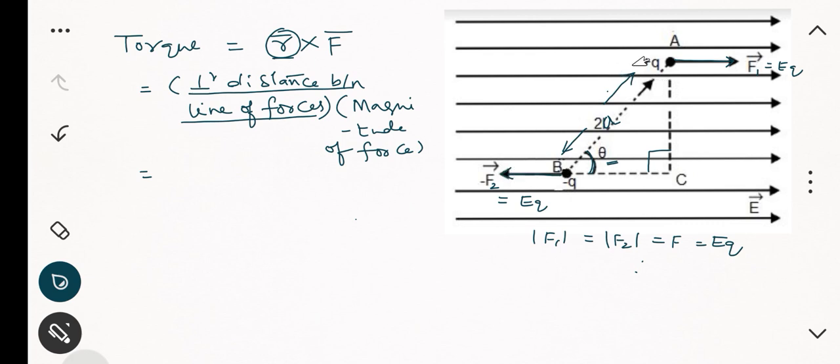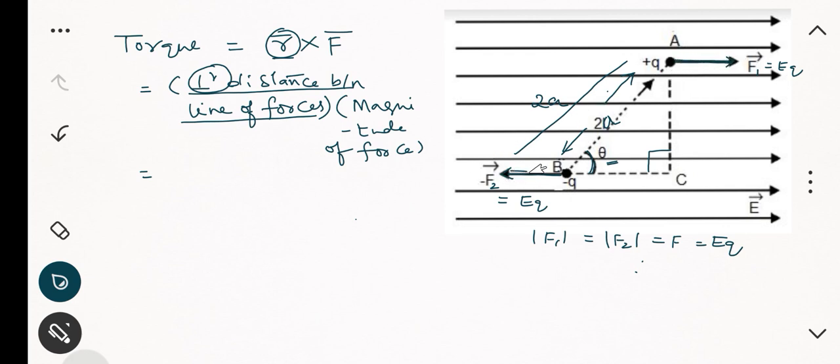The distance between these lines of forces we can write as 2a, but we have to know the perpendicular distance. For that we have already drawn a perpendicular, which gives the perpendicular distance between the lines of forces.